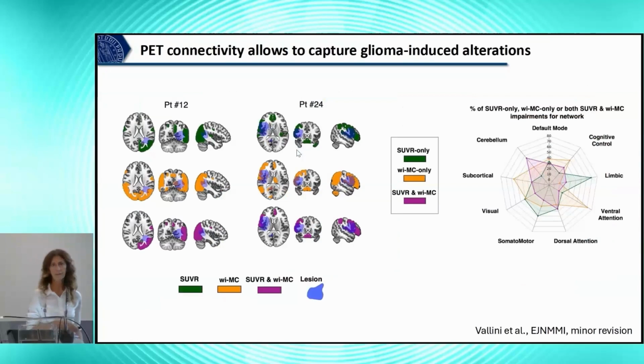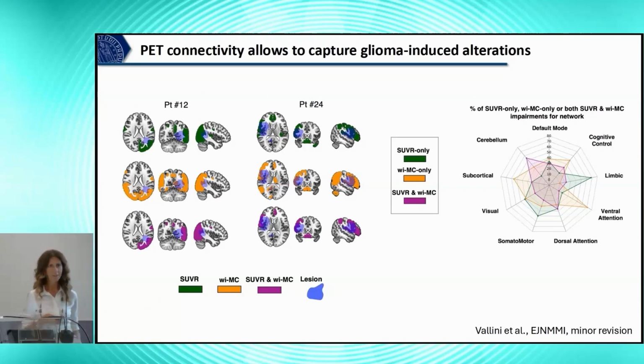So the first question was to understand if, okay, we can provide a map, but is this method sensitive to pathology, because we wanted to propose this also as a way to link healthy network with a pathological network.